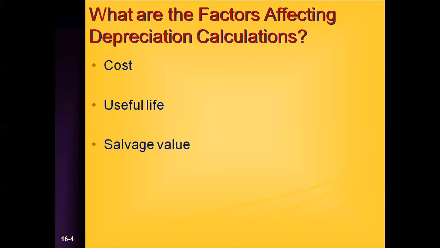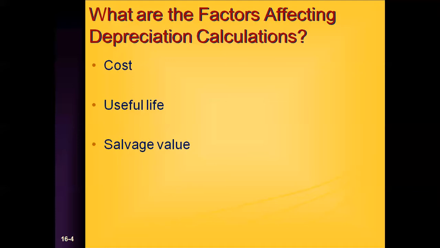The third is a concept called salvage value. And that means what is the expected value of that asset at the end of its useful life. So, let's say you did buy a car for your business. Let's say you figured it had a 10-year useful life. You would probably go to CarMax and sell it. You would get some money back, probably not very much, but that would be the salvage value.